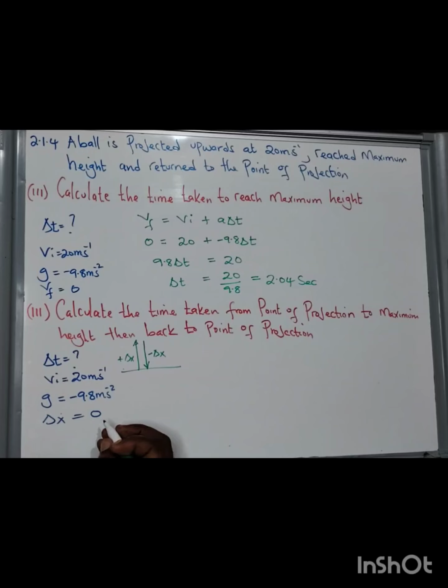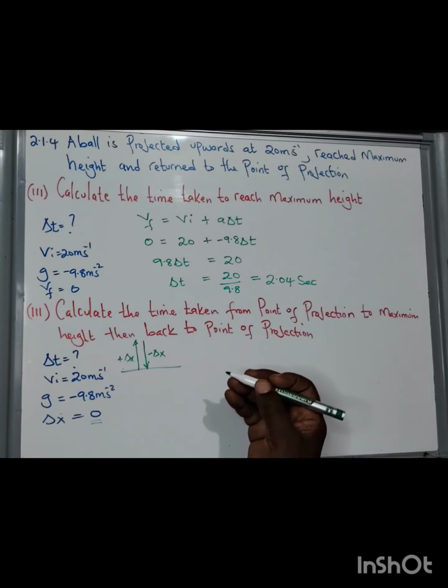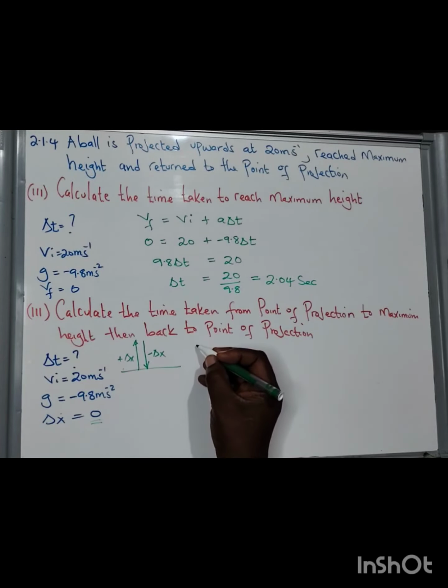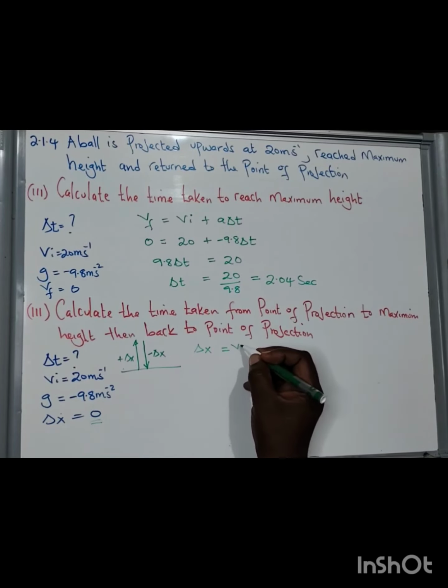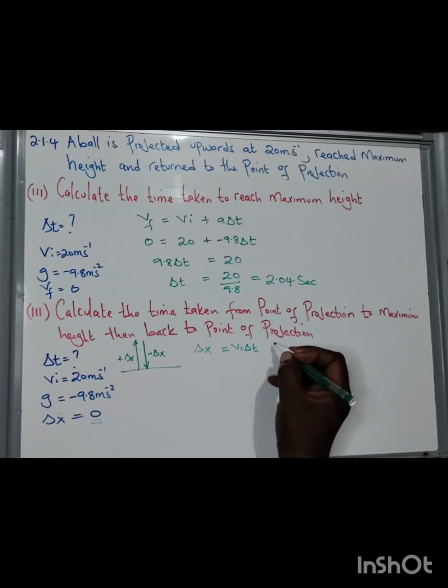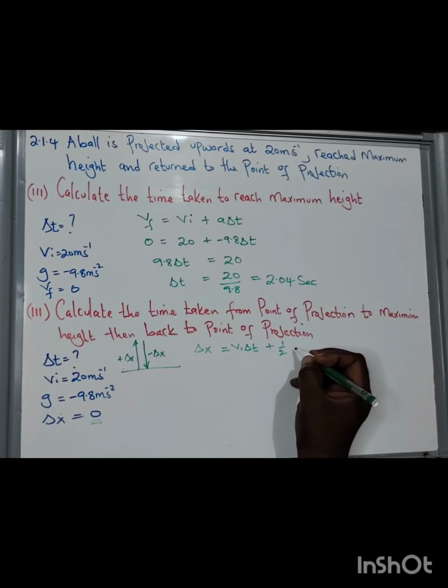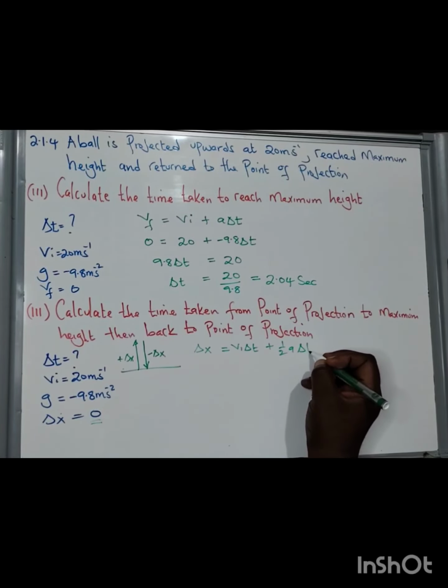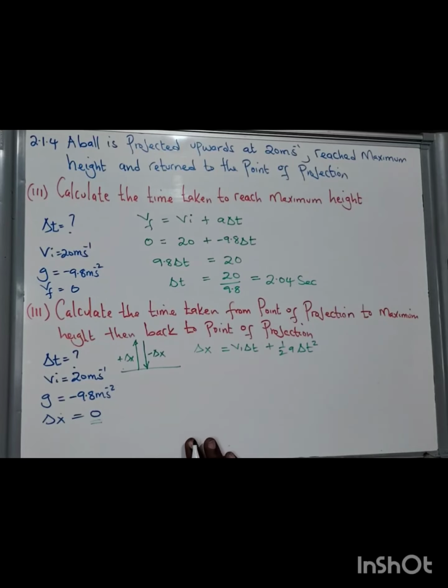That's why we have it here as 0. With that and this information, we quote the right formula. It says delta X is equal to VI delta T plus a half A delta T squared.